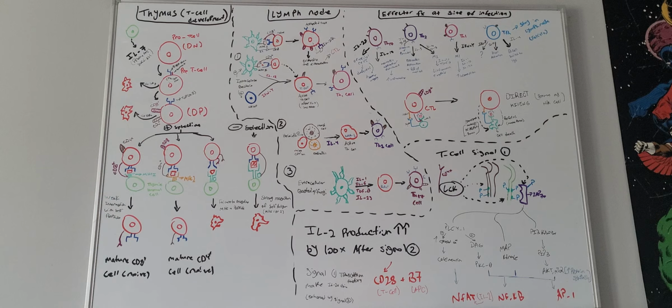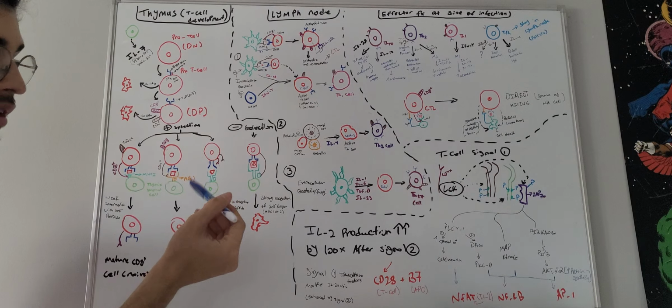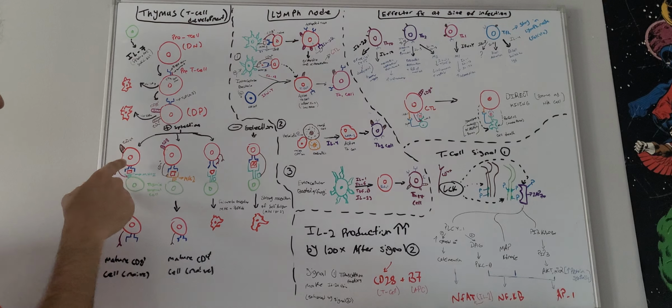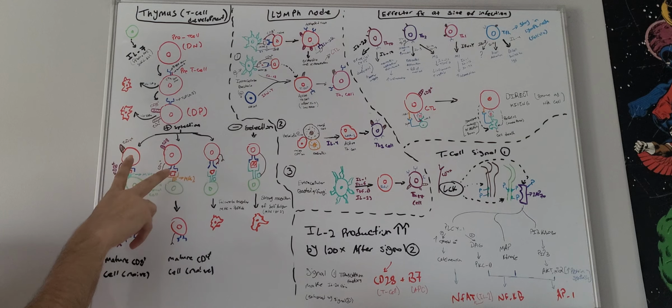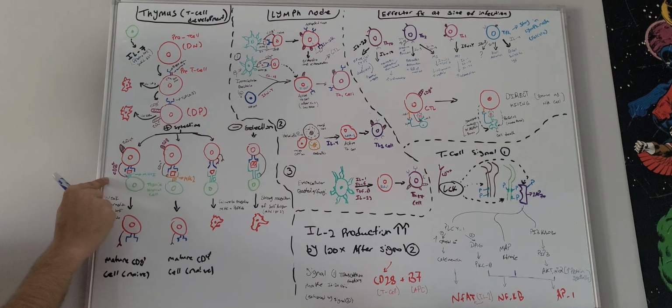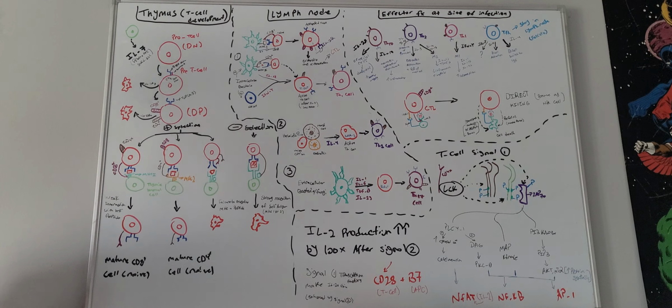The double positive thymocyte can go through two things, positive and negative selection. We'll talk about what's happening here. Positive selection: let's go through a couple examples. I have a double positive cell, but by random chance, the CD8 happens to perfectly match with this MHC on this thymic stromal cell.